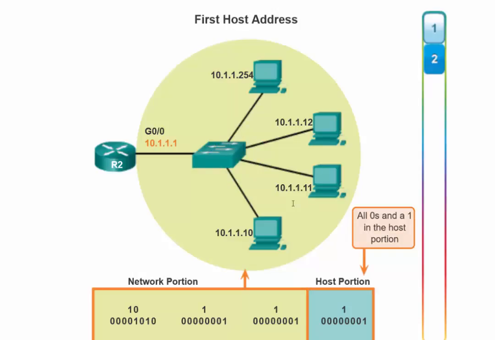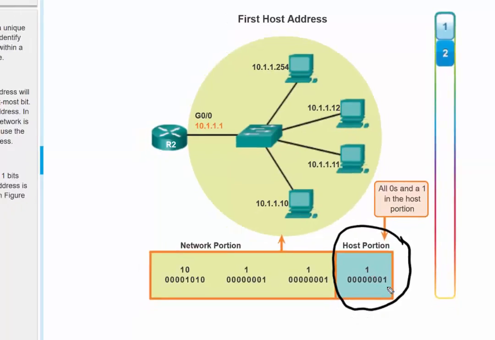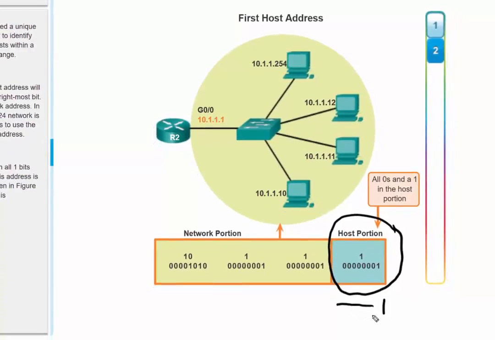The first host address can be calculated easily by setting the host portion to start from 1 and then all zeros, to range from zeros and all ones. So if you put 1 and all zeros, you will start with the first IP address for the first host, and if you put 0 and all ones, this is the last.